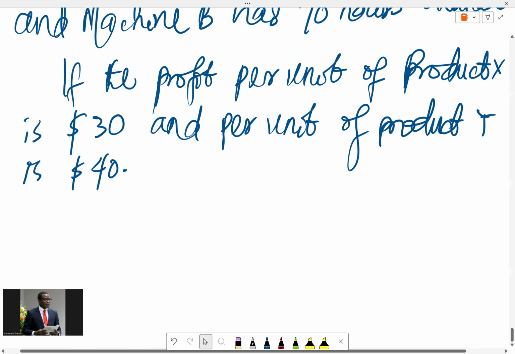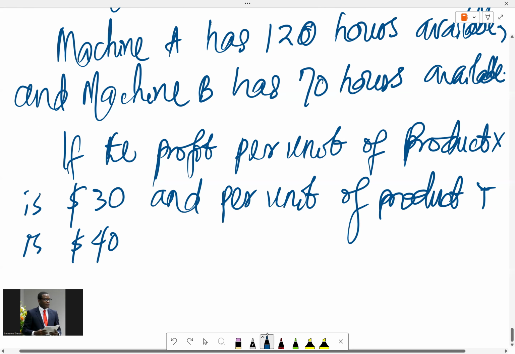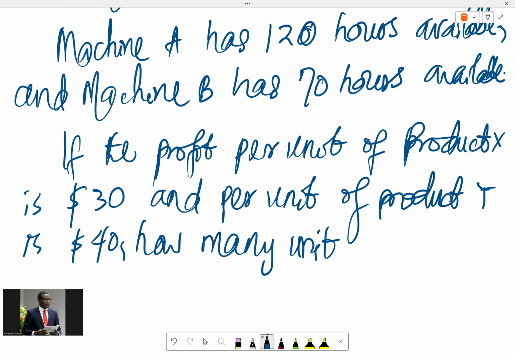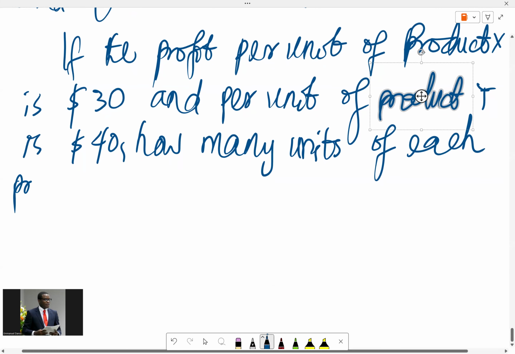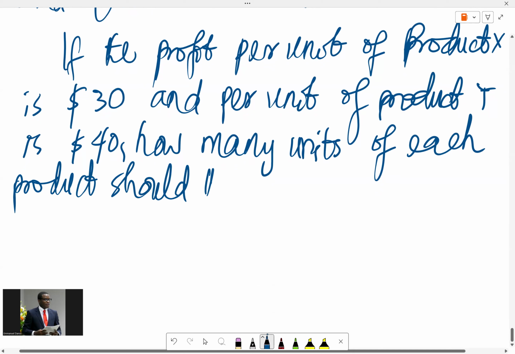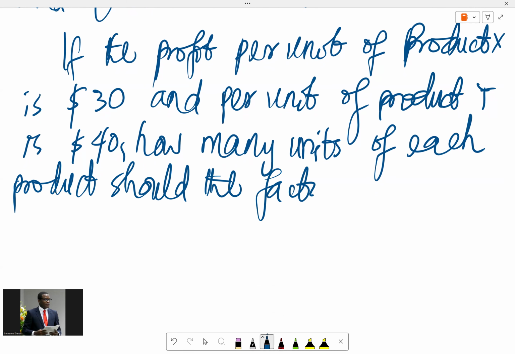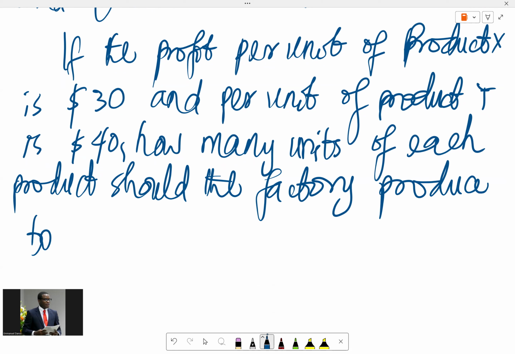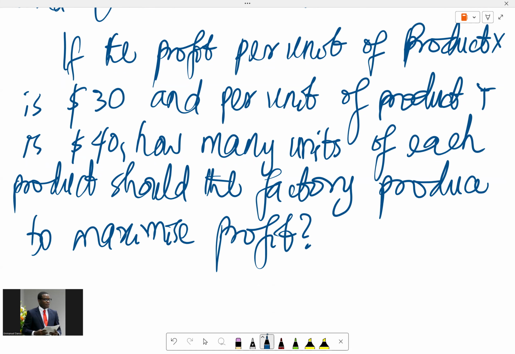Okay. So the question is how many units of each product should the factory produce to maximize profit? Okay. So that's the question.